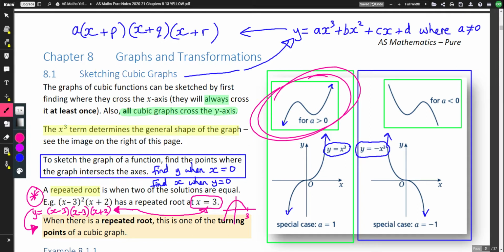When we have a repeated root, it bounces off the x-axis. It's kind of like it goes through the x-axis but immediately turns around and heads back. So it bounces off the x-axis. Hence we get a turning point. It's a very important point to finish off. When we have a repeated root, that gives us one of the turning points on the graph.